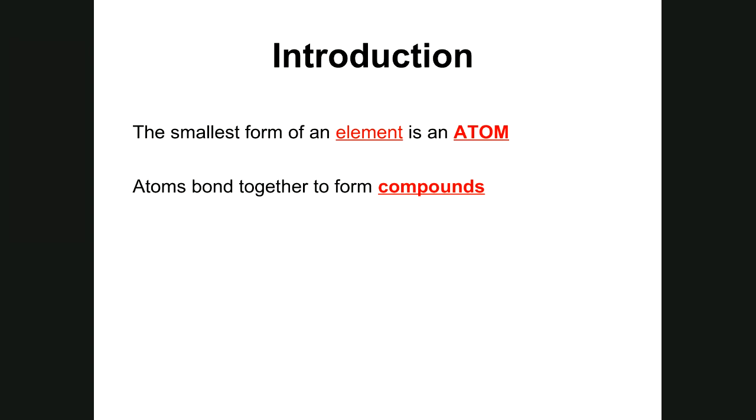Only this element has this number of protons. And each element has chemical properties that are completely different from other elements. And an element, you cannot break it. Can you break carbon? You cannot break it down into other substances by chemical reactions.